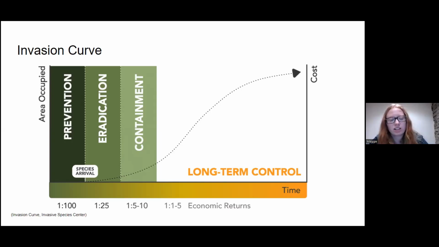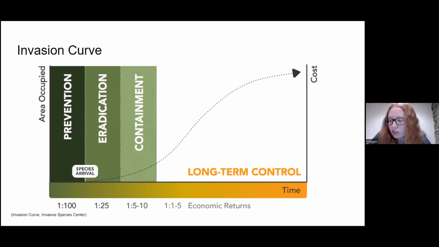So there's an economic factor in invasive species control. And a good example of this one is zebra mussels. It's estimated that the economic impact of zebra mussels now is around $75 to $91 million a year, in Ontario only.